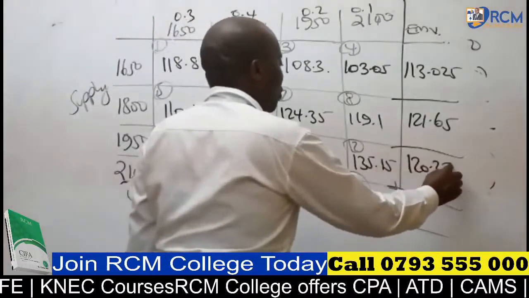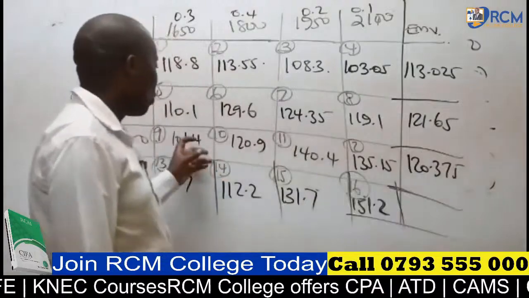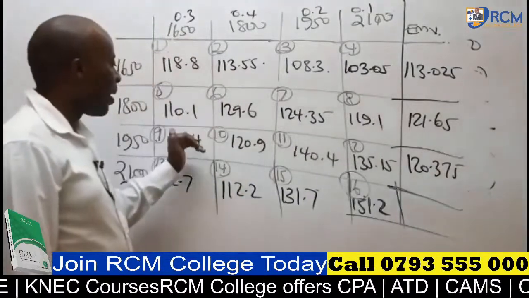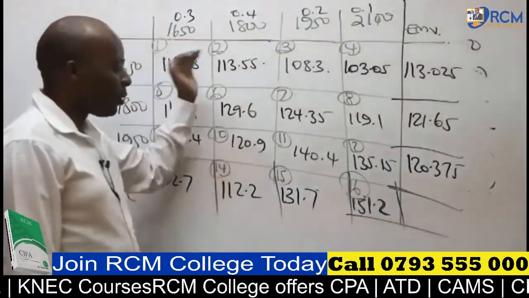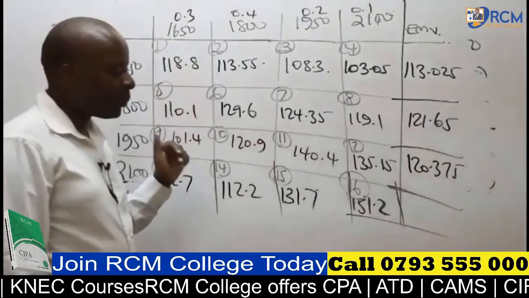How did they get this 120.375? They took the profit that we have here and then averaged them by multiplying them with the probabilities like that.